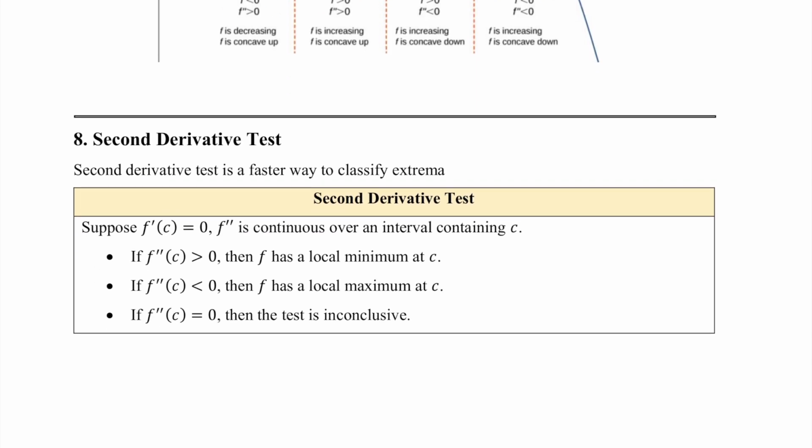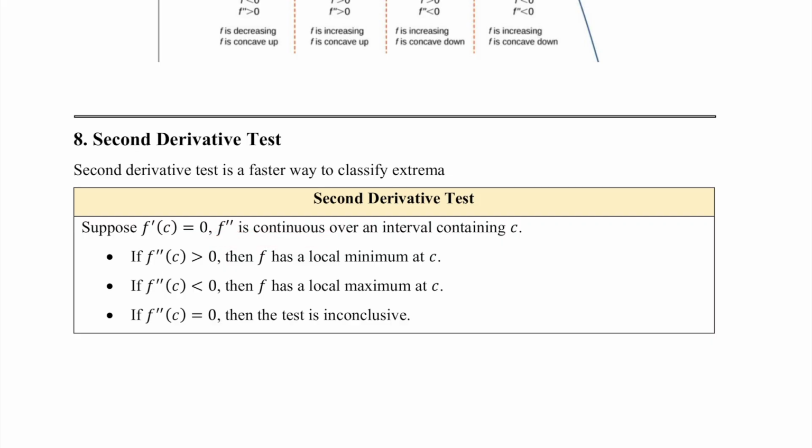Now, let's introduce a faster way to classify extrema. Instead of using a full sign chart every time, we can use the second derivative test. Suppose f prime of c equals 0 and f double prime is continuous.